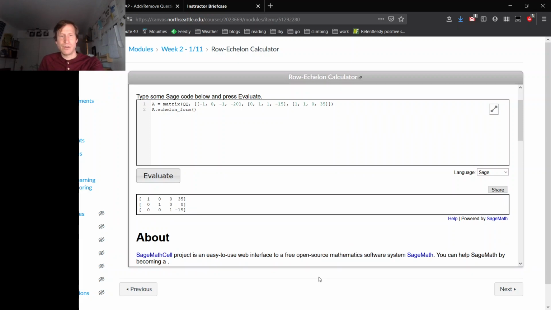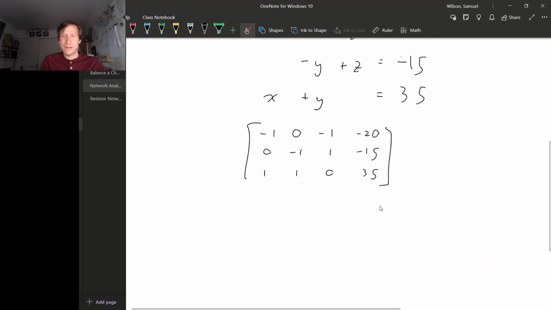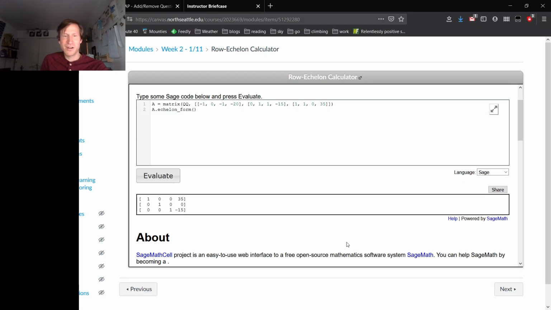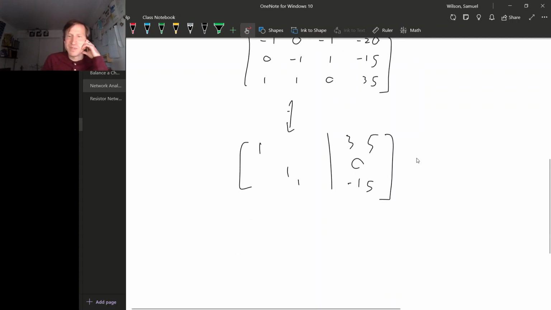So we get this reduces to 1, 1, 1, and then our augmented column is 35, 0, negative 15, which means we get x is 35 and z is minus 15.